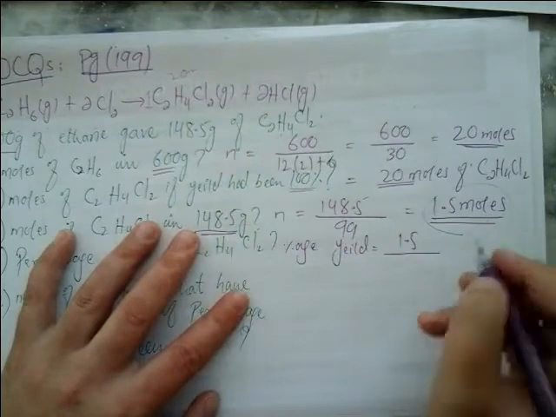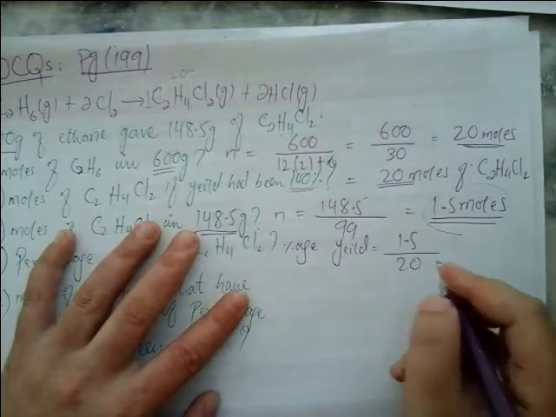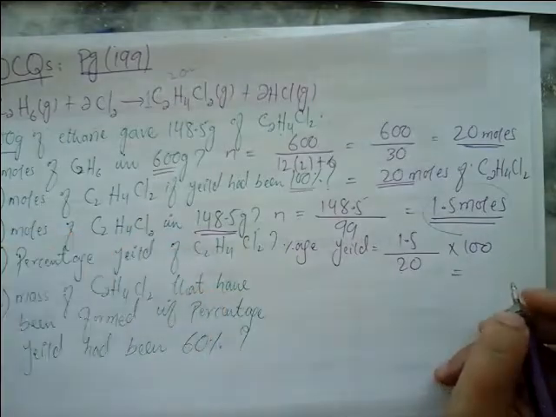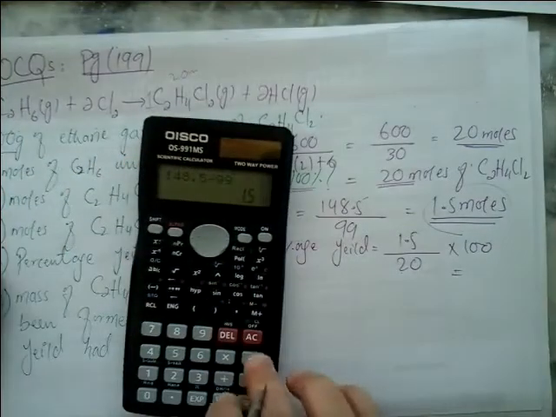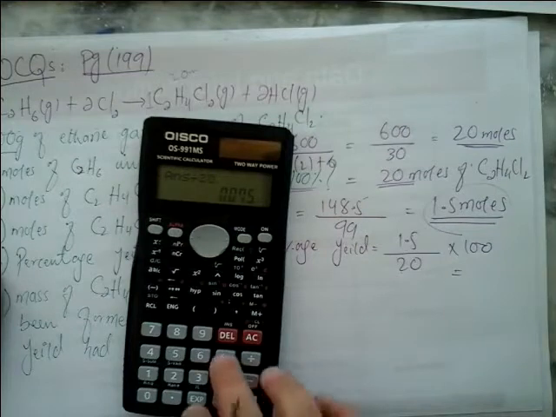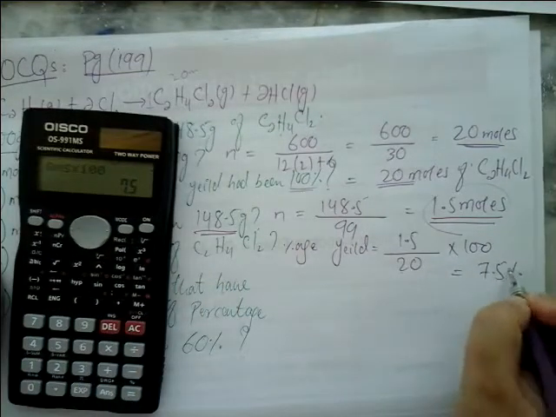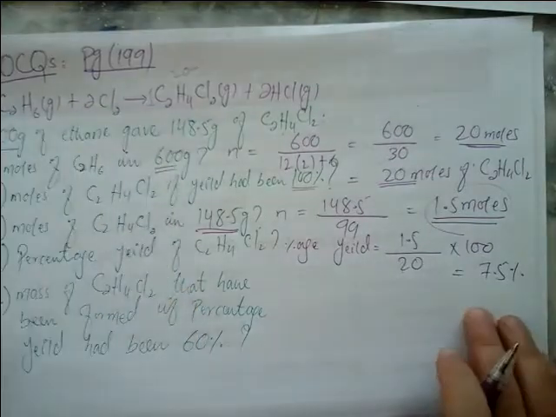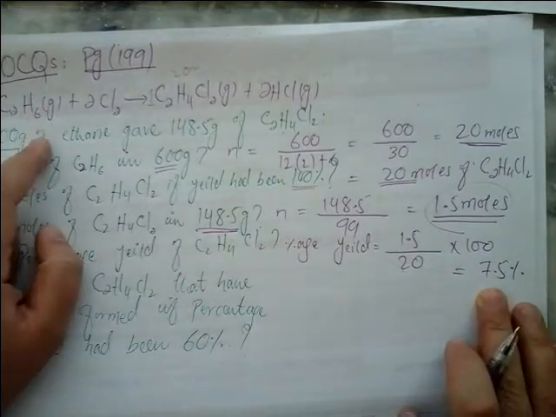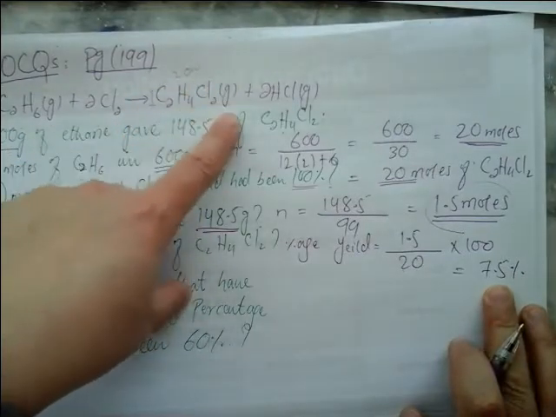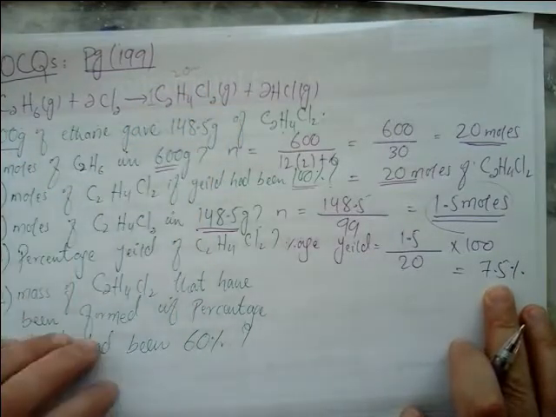But here it is only 1.5 moles. So the theoretical yield is 20 moles, multiplied by 100. So 1.5 divided by 20 multiplied by 100 is almost 7.5%. So from 600 gram of ethane, only 7.5% of chloroethane is produced. Very less amount.